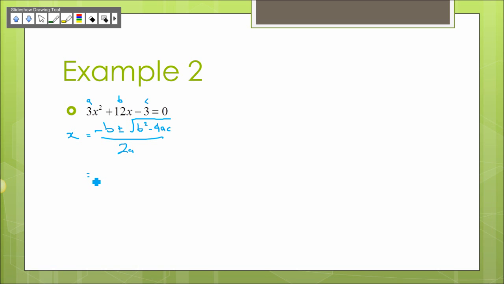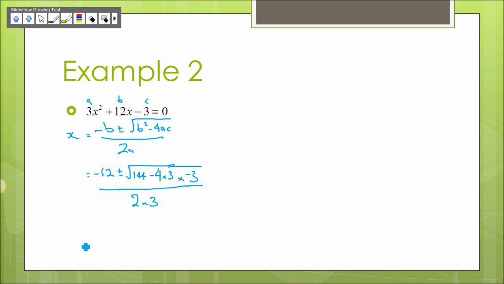And this equals minus 12 plus or minus the square root of 12 squared, which is 144, minus 4 times 3 times minus 3. Don't forget to put those plus and minus signs in correctly. That's over 2 times 3.